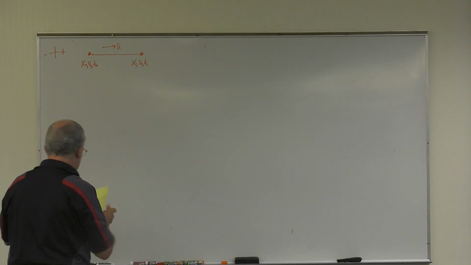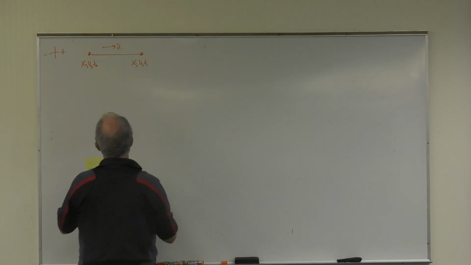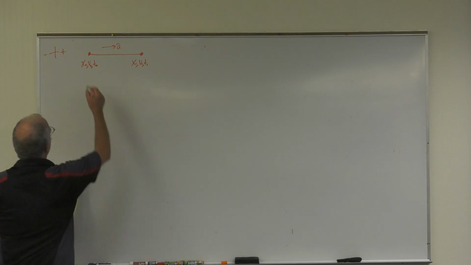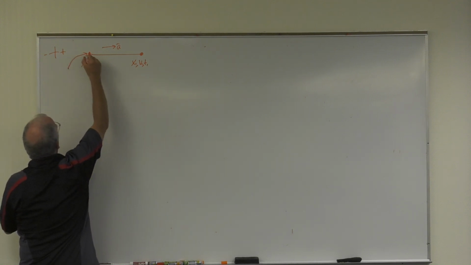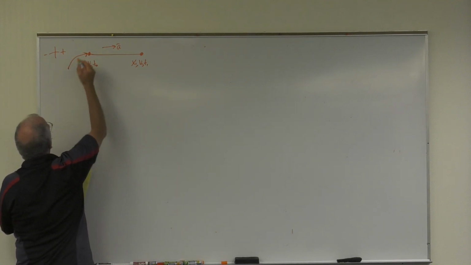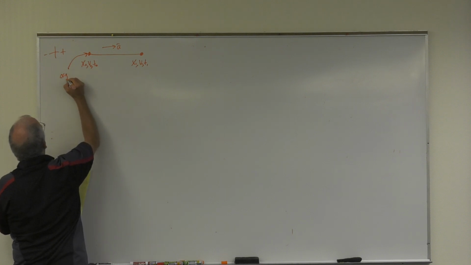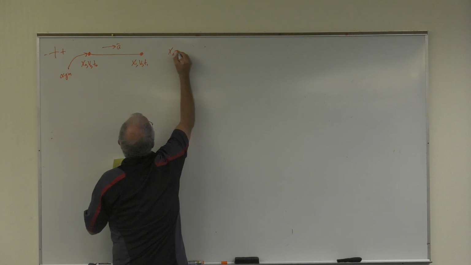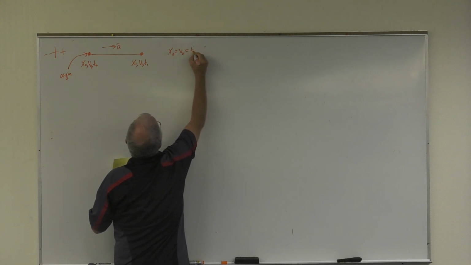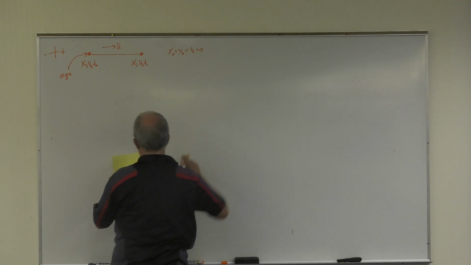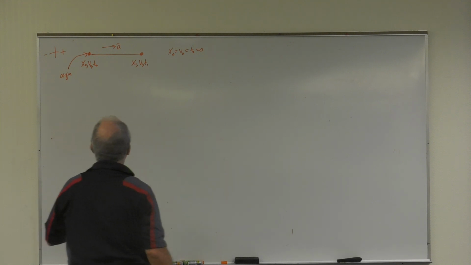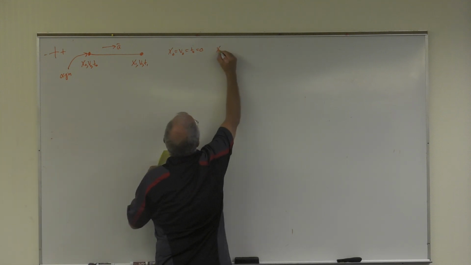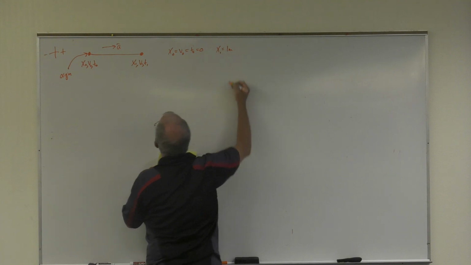All right. So here we go. Where do you want the origin? It sort of makes sense right here. But again, it doesn't really matter. Okay, so x0 equals v0 equals t0 equals 0. Love it. x1 equals 1 meter.